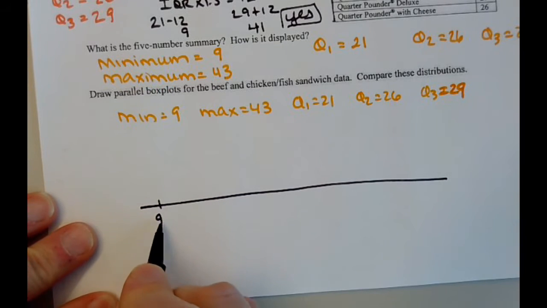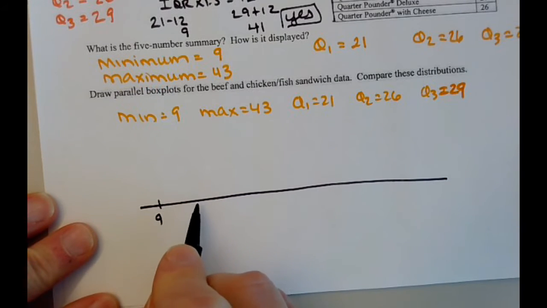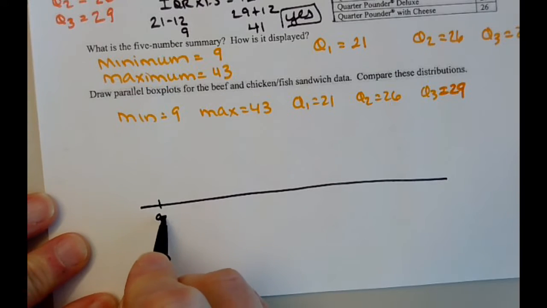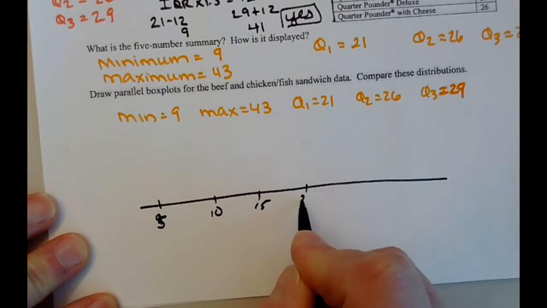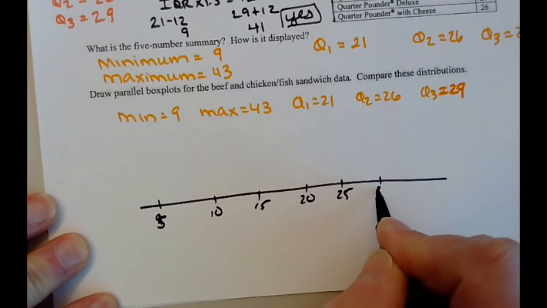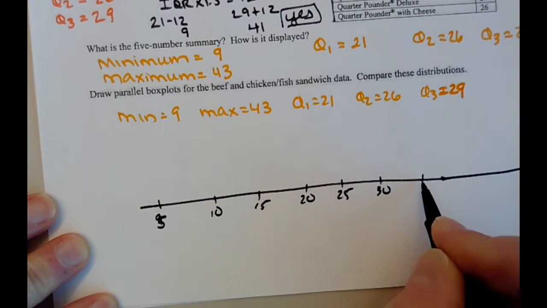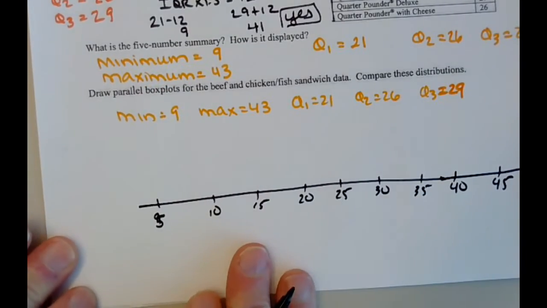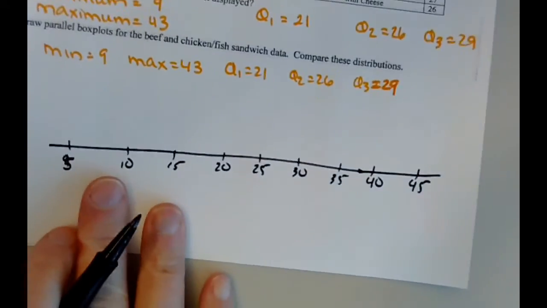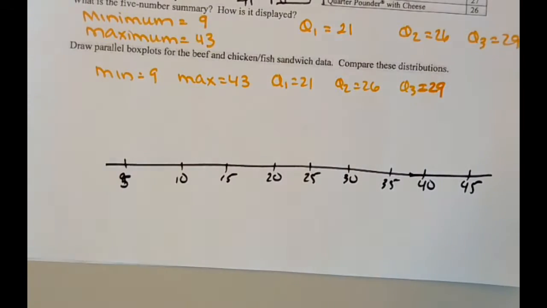I'm going to go by 5s: 5, 10, 15, 20, 25, 30, 35, 40, and 45. I'm going to estimate, just for this purpose, to make it a little quicker. On your homework, I have them pretty exact.